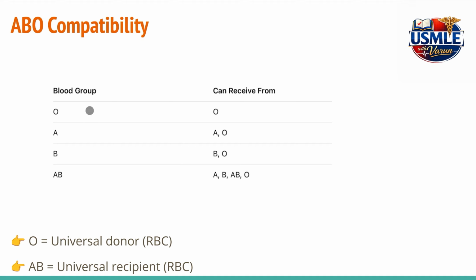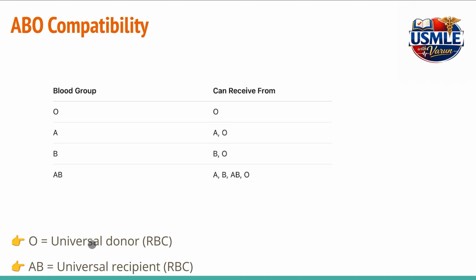O blood group people have anti-A and anti-B antibodies in the plasma, but they contain neither A nor B antigens on their surface. Whereas blood group A people have A antigen on their RBC membrane, B blood group people have B antigen on their RBC membrane surface, and AB blood group people have antigen A and antigen B on their red blood cell surface.